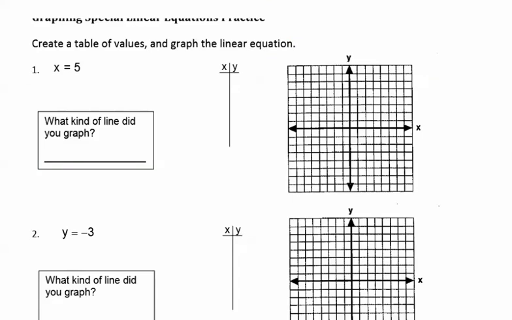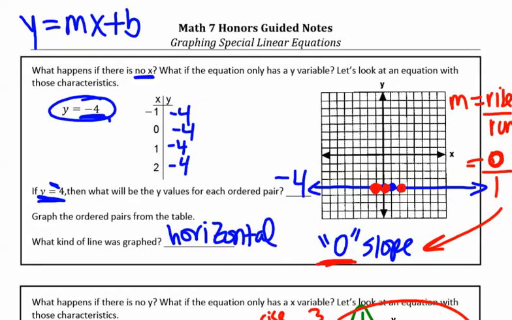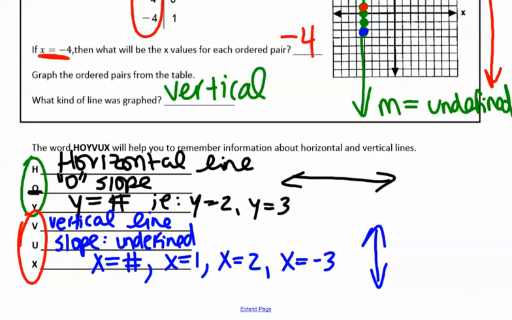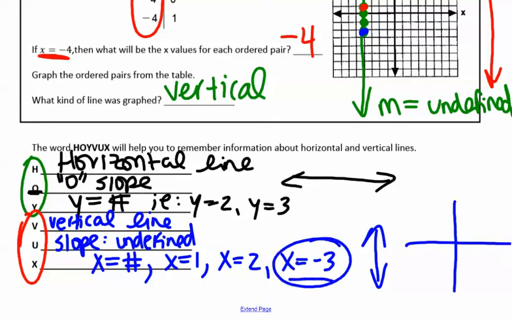Okay. On the back, you are going to go ahead and do these problems. The big thing that helps me when I graph these sometimes, so let's say I want to graph this guy. All right, I go to where x is -3. I put a dot, and then x is always -3, or you could just think x equals a number.